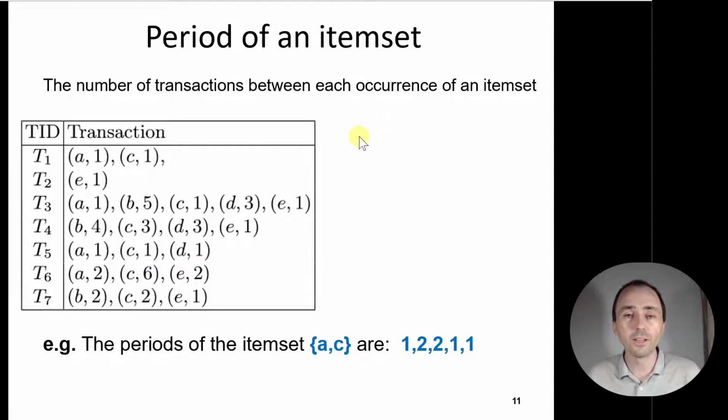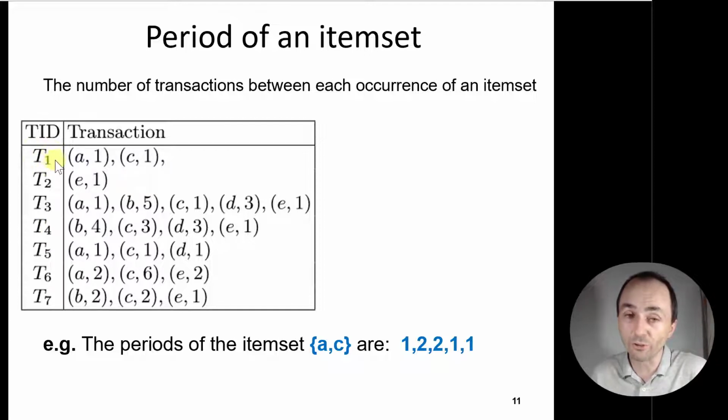To explain this, I will take an example. It is another database, but it has the same format I showed you just before. Here we have 7 transactions and they are ordered by time.